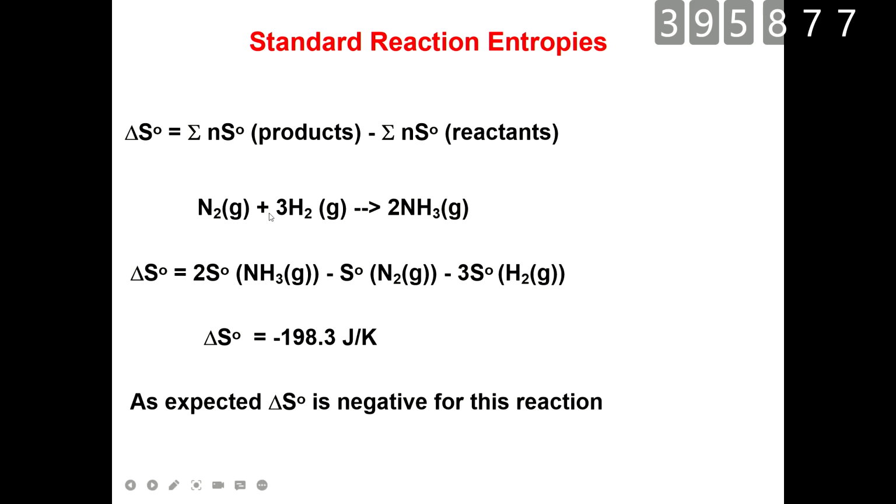Yes, the amount on the left is more than on this side. You can see there are 4 moles here, but here only 2 moles, so this side has more molecules, right? And of course, more molecules have more freedom.